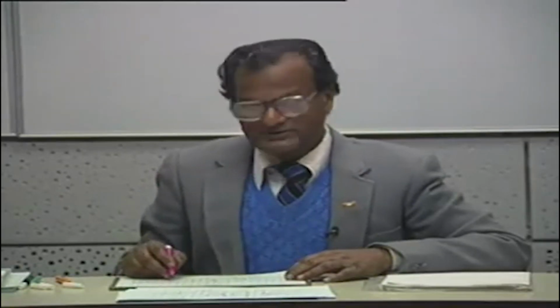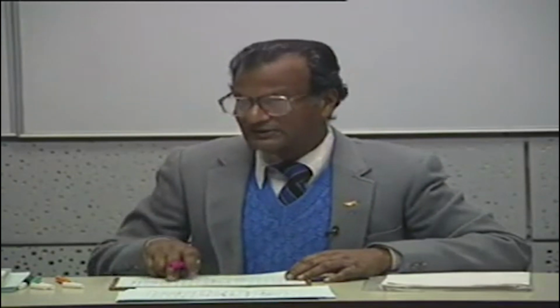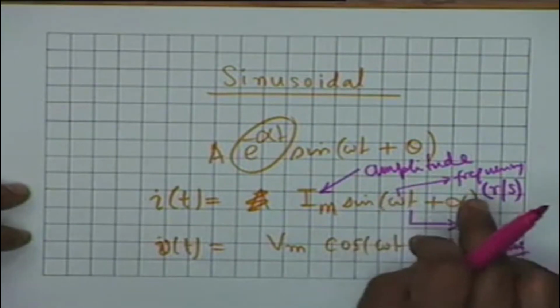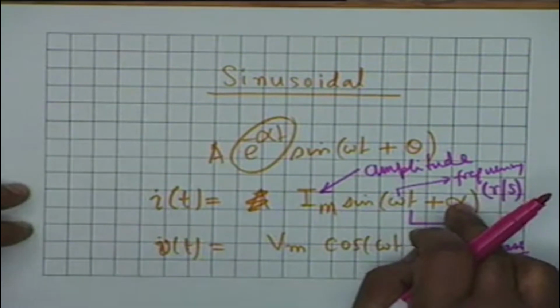That is when t equal to 0, mark these words carefully, when t equal to 0, the angle is simply alpha. That's why alpha is called the initial phase, or sometimes loosely simply the phase.